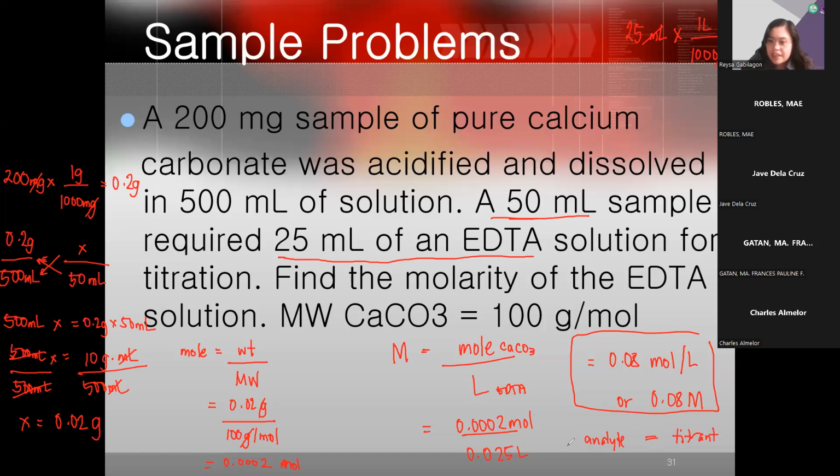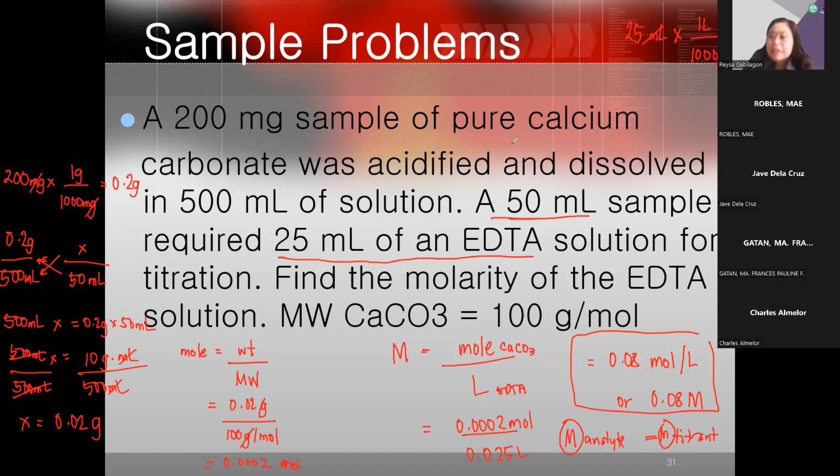So definitely, the molarity of the analyte can also be the molarity of the titrant. So therefore, for the molarity of EDTA, it is also 0.08 moles per liter or 0.08 molar. Questions or clarifications about this?